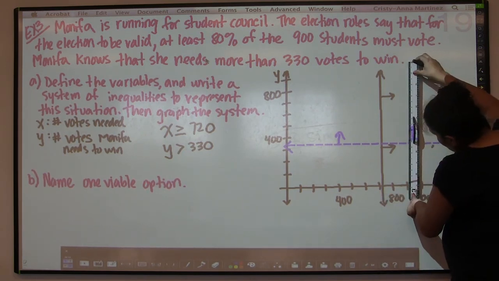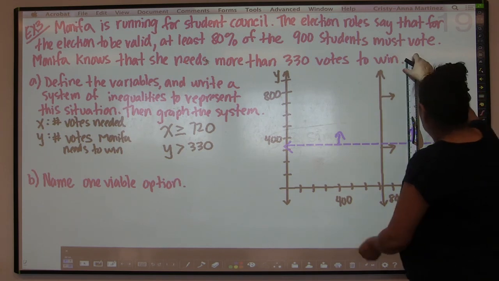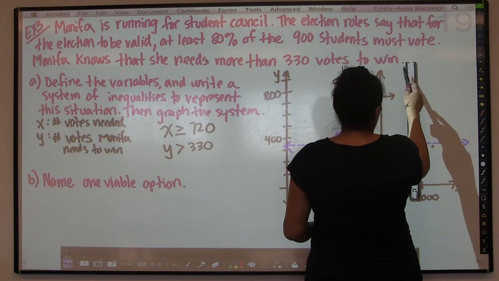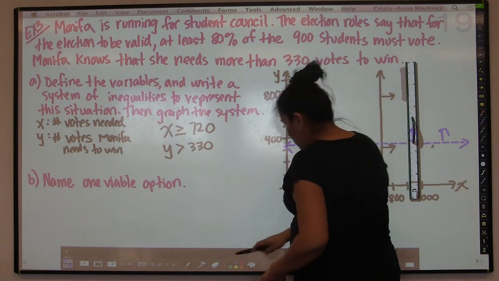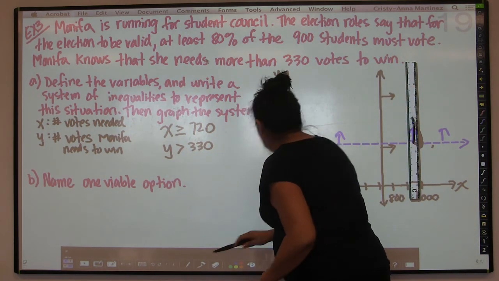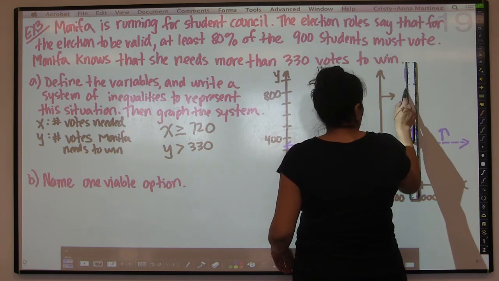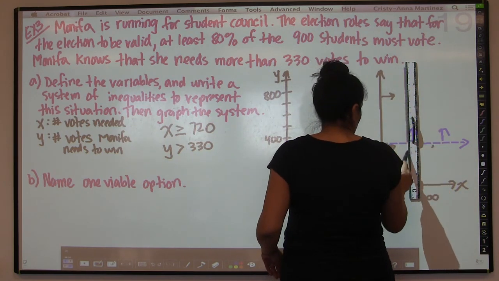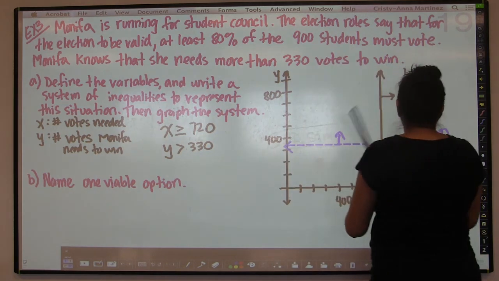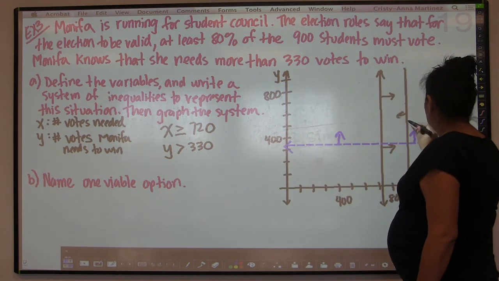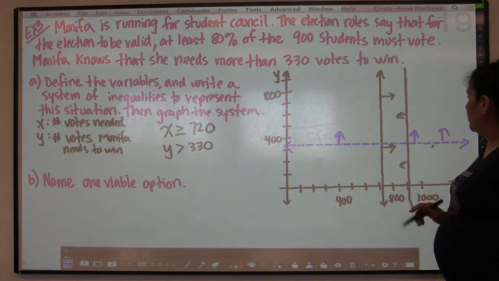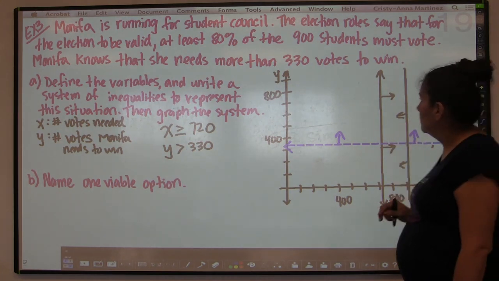So another vertical line needs to go right here at 900, because we don't have more than 900 students, so it wouldn't make sense to have students in the 1,000 mark or the 15,000 mark, okay? So we know that we have at most 900 students, and now we're in between these two areas.